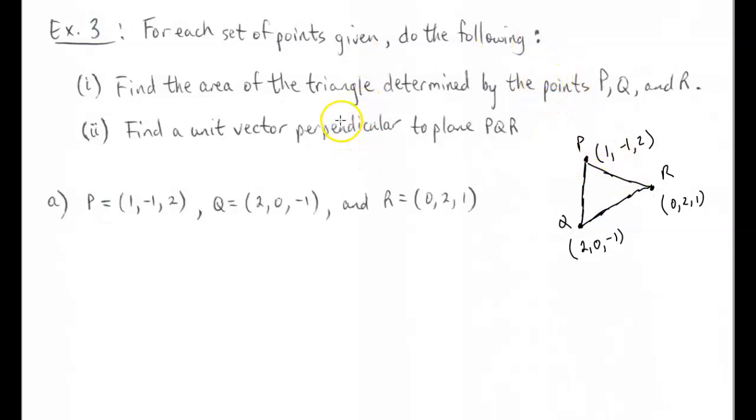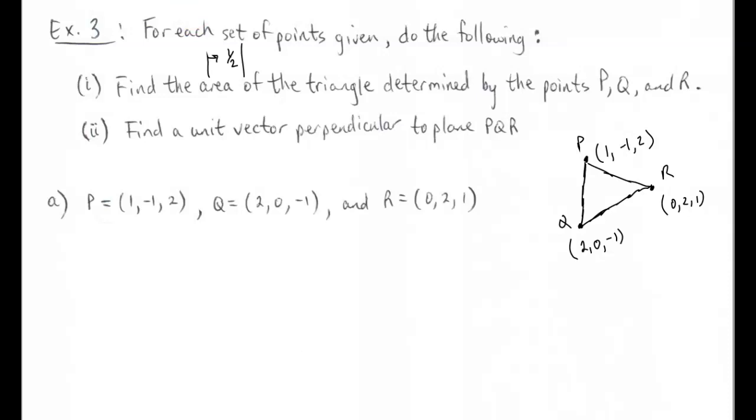Now, in order for us to find the area of this triangle, one of the things that we have to remember here is that the area is 1/2 of the cross product between two sides of our triangle, interpreted as vectors.